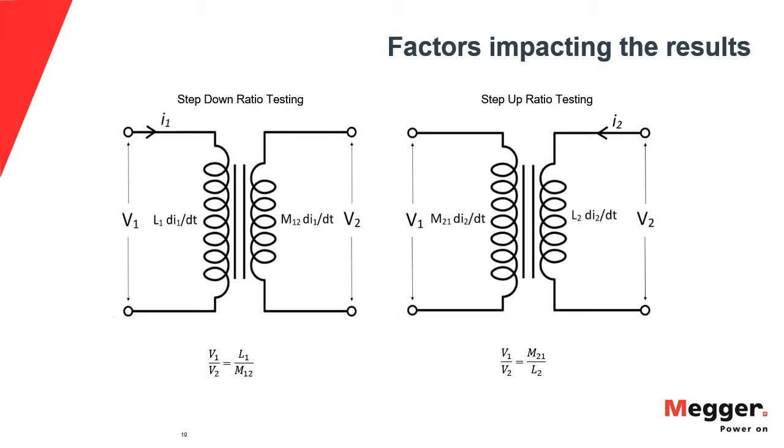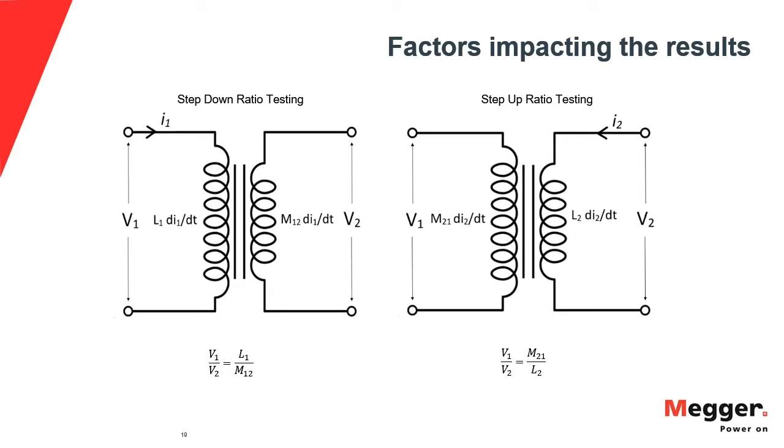Compared to the step-up technique, again, the voltage that we apply is always lower than the one we induce on the higher voltage side of our transformer. And again, this will impact the results greatly.